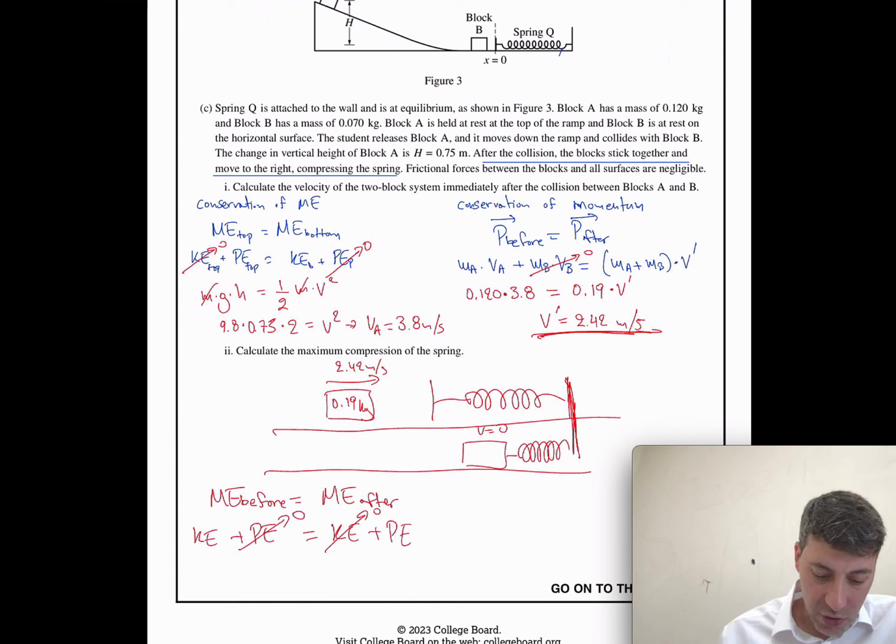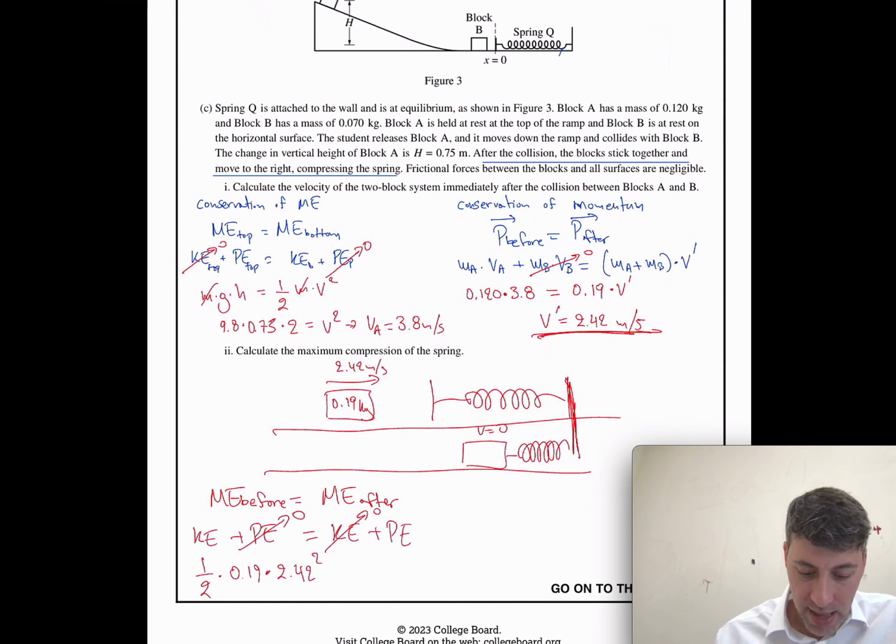So the kinetic energy of the two objects was 1 over 2 times mass, which is 0.19, times the velocity, which is 2.42, to the power of 2. And the potential energy of the spring, now usually for a linear spring, the potential energy is 1 over 2 kx squared. But if I remember correctly, this is not a linear spring.